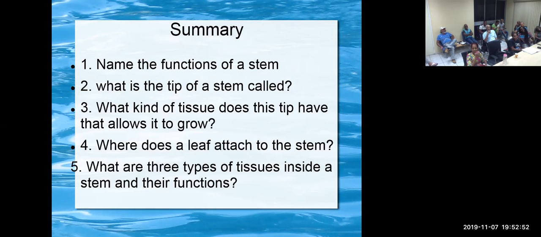Roel? He pointed at you. Well, I don't know, I can't remember. Apical meristem. That's right.